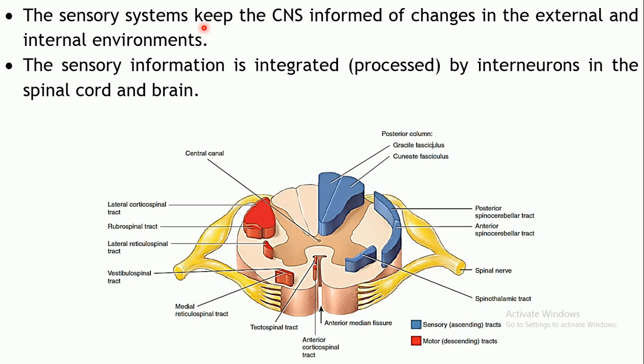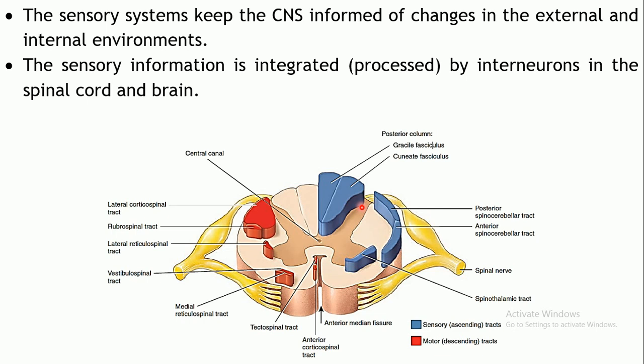So all these sensory tracts will keep the CNS informed about the changes taking place in the external as well as internal environments. Any change is sensed by some sensory receptors, and that information is carried along the sensory neuron towards your spinal cord, and then propagated along these tracts towards your brain for perception.